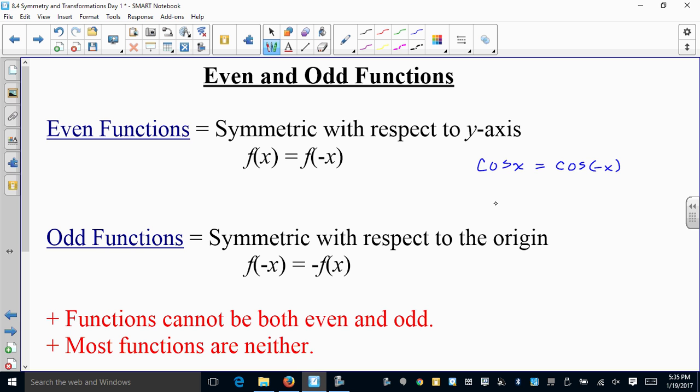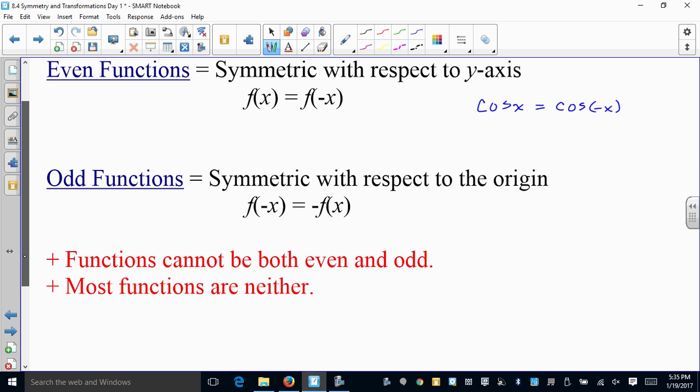An odd function is with respect to the origin, so you can turn it upside down and it looks the same. Or we can go f of negative x is equal to negative f of x. You can pull the negative out. By the way, from trig, sine was an odd function. Sine of negative x equals negative sine of x.